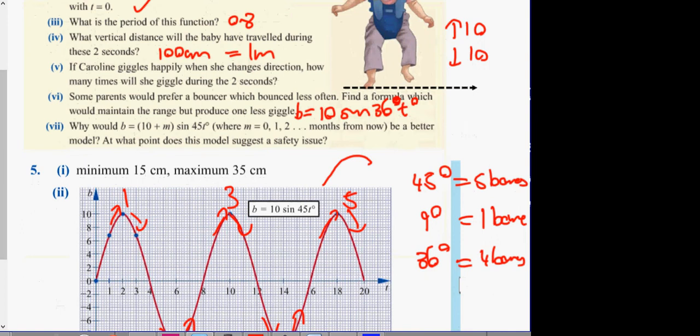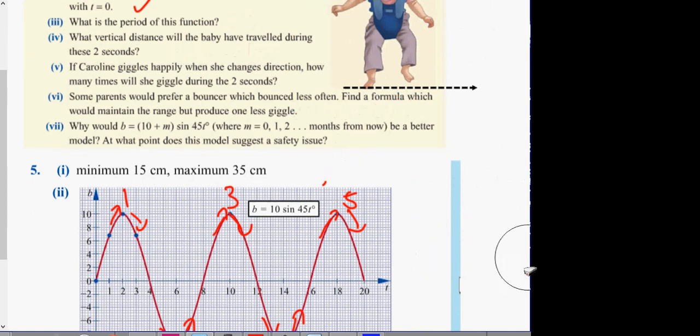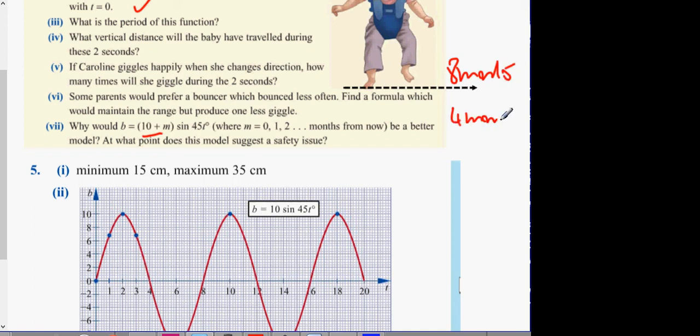Now guys, she's 8 months old, and what's happening at the moment is she's bouncing 5 changes of direction in 2 seconds, and she's gone from 10 centimeters down to minus 10, back up to 10 again. Now, let's say she's going to be here for another, let's call it 4 months. What's the problem with this formula? What happens if I put the number 4 in here?